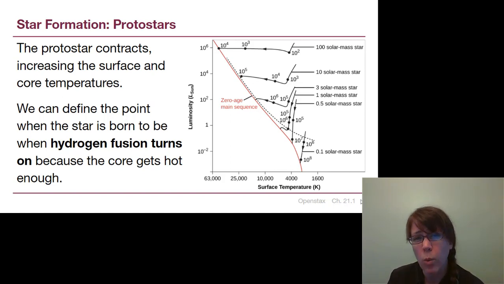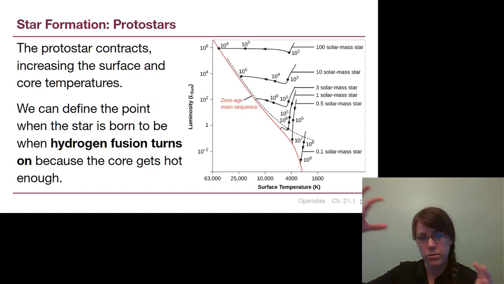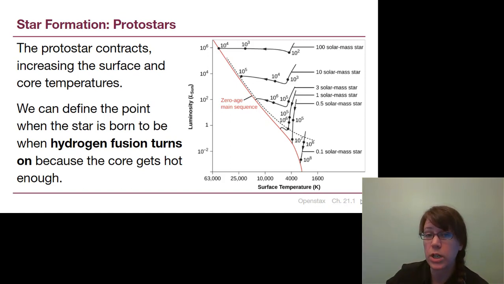It takes quite a while, actually, for the protostar to go from being a collapsed dense core to actually forming a star. And that's what this picture here is trying to show us. All of the numbers that are along the black tracks are values in years for the starting point of collapsing a dense core to actually turning on the star.